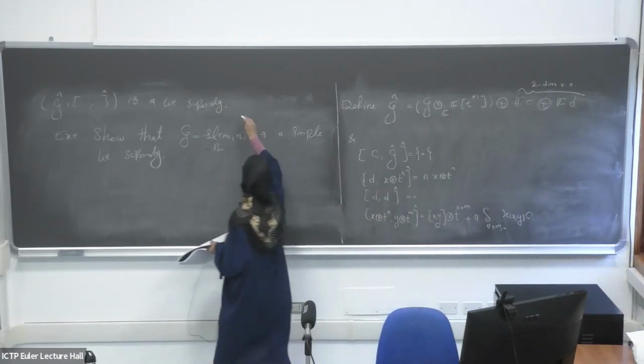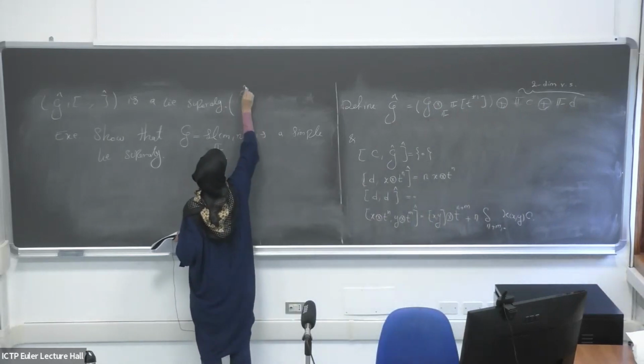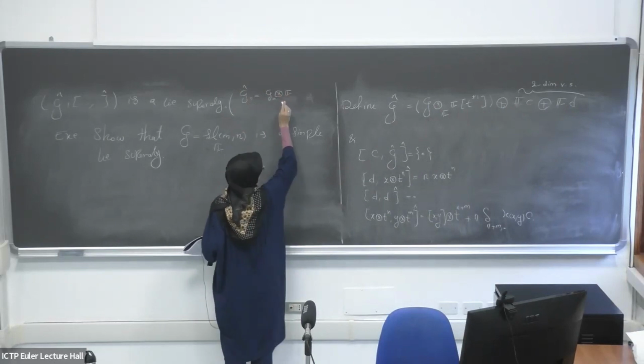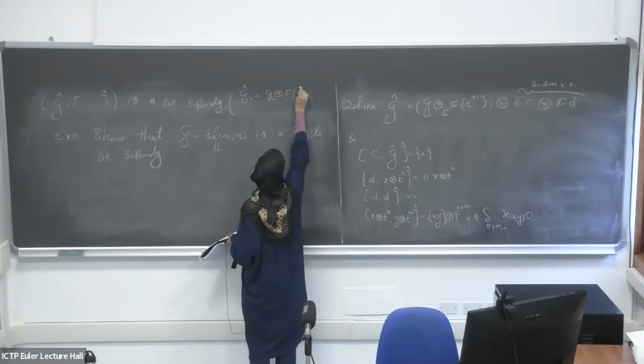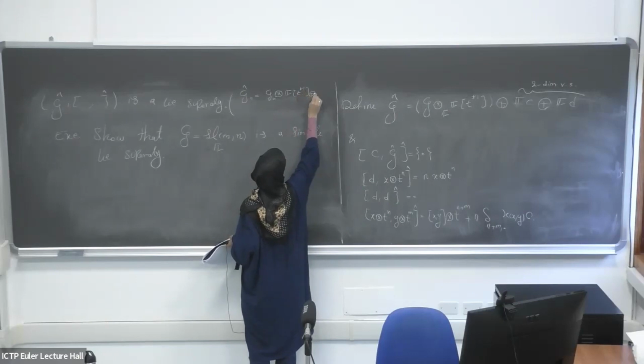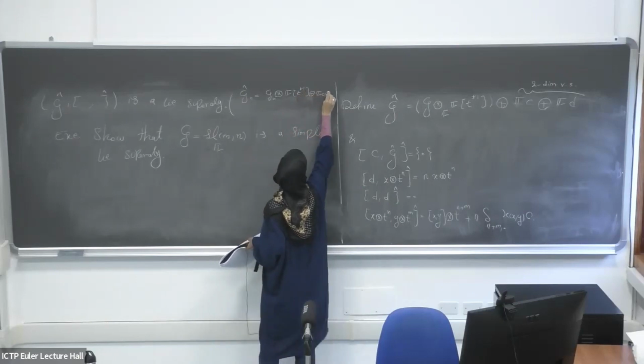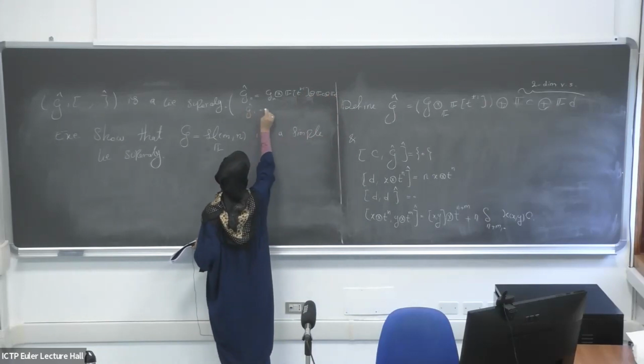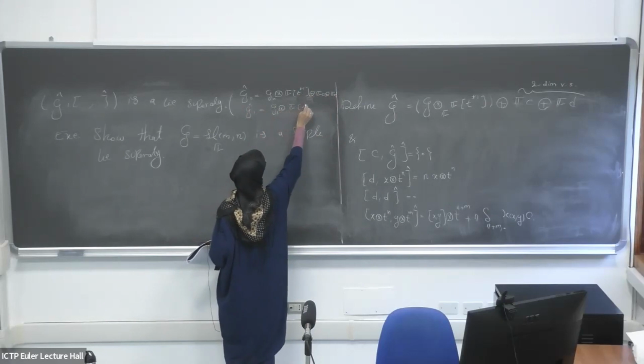Let me write it here. G hat 0 is G0 tensor FT plus minus 1, direct sum FC, and G hat 1 is G1 tensor FT plus minus 1.